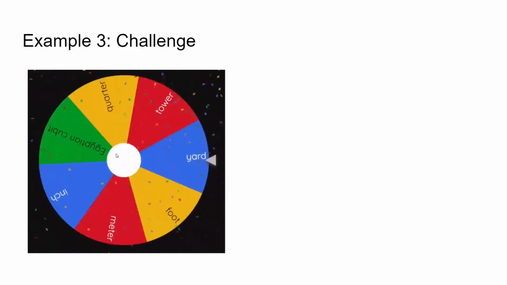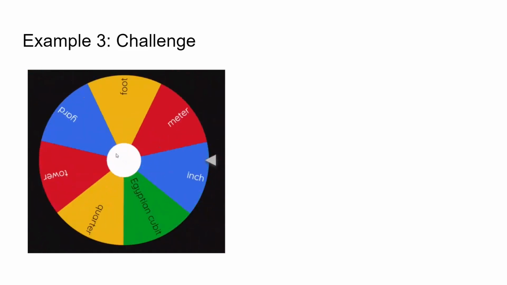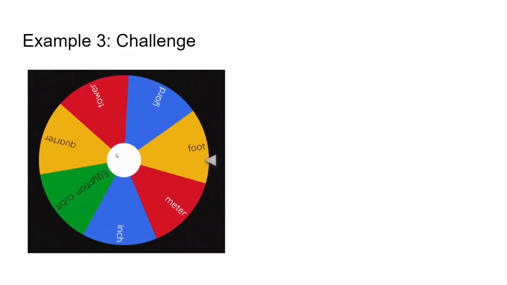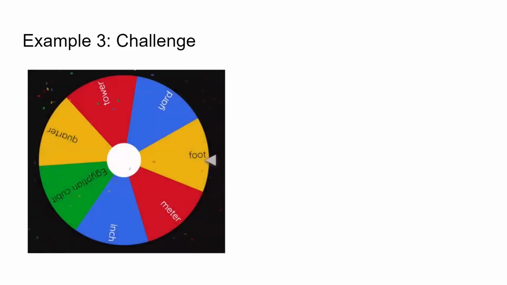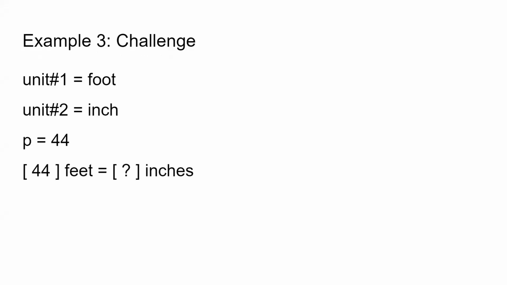And then for my second spin, I get foot. And now time to roll the 2 dice. I will be working with 44. Great. Our first unit is foot, and our second unit is inches. Our rolled number is 44, making our equation 44 feet equals how many inches?